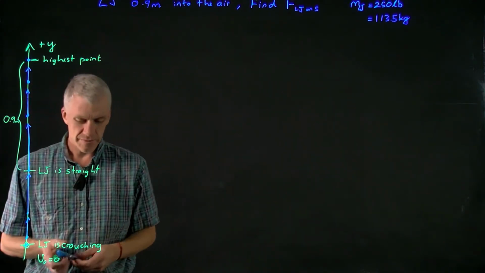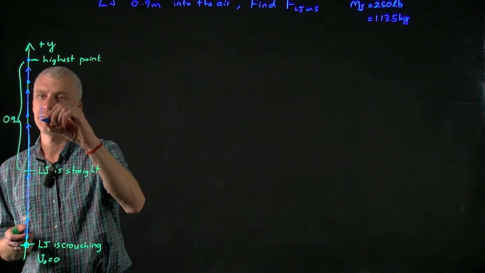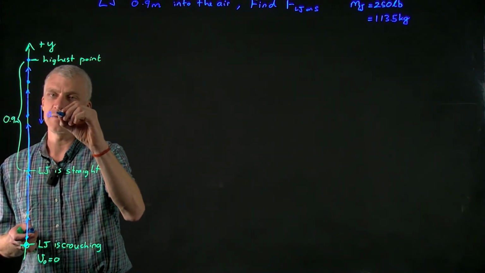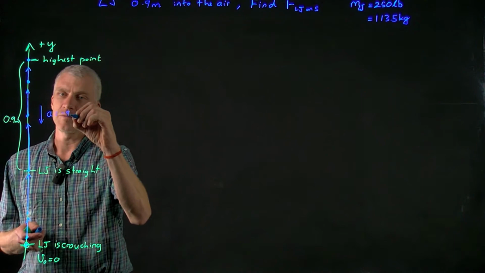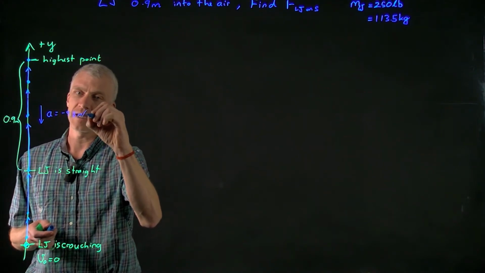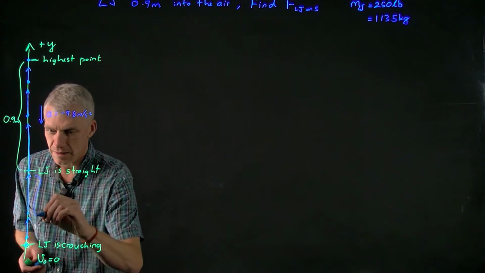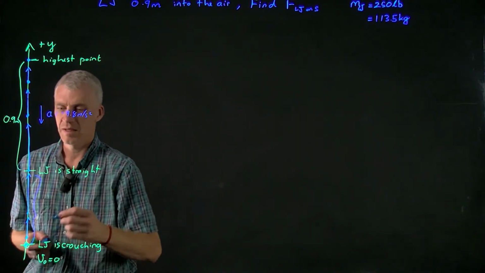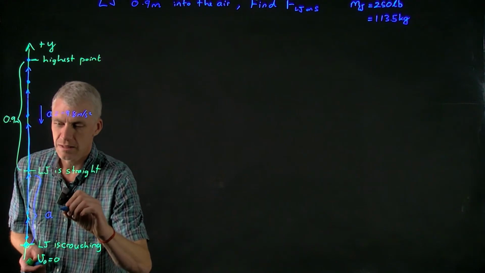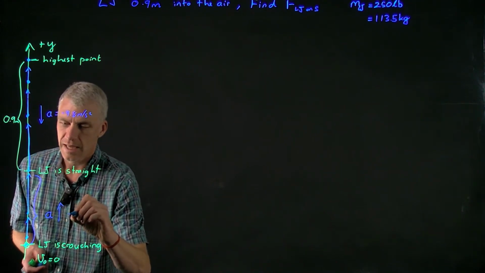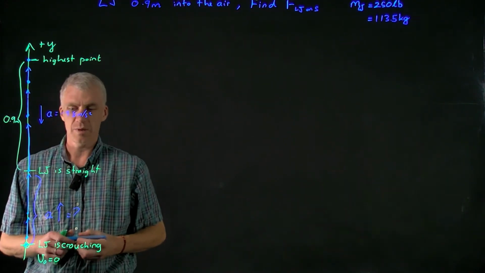During this phase of the motion, his acceleration is downwards at negative 9.8 meters per second squared because he's in free fall. And during this phase of the motion, his acceleration is upwards at an unknown value. We don't know what it is.